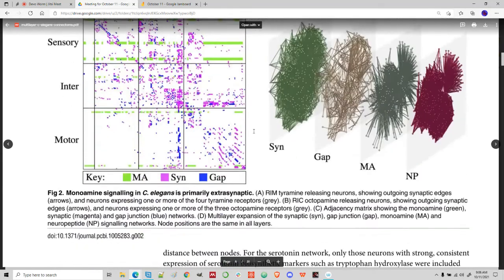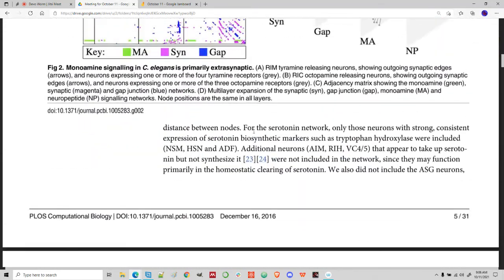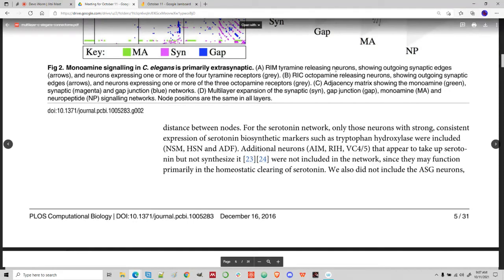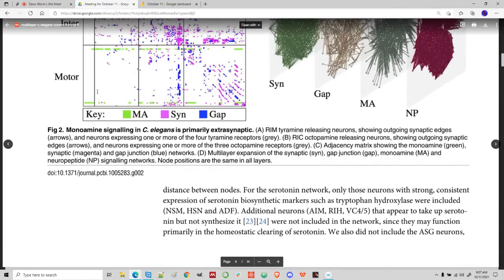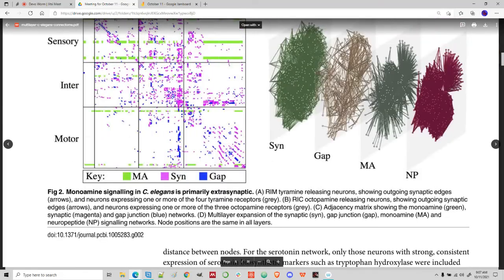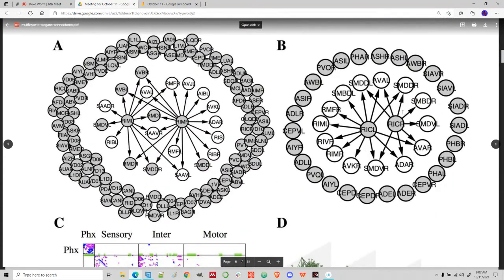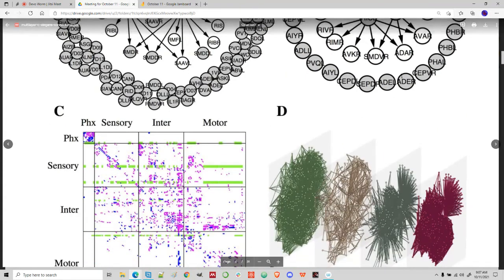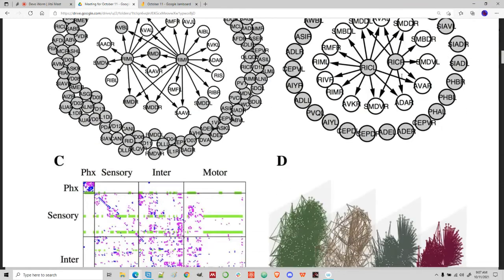And then in B, we have RIC octopamine releasing neurons showing outgoing synaptic edges and neurons expressing one or more of the three octopamine receptors, gray. So again, you have a subset of neurons that are putting out this chemical signal, a subset of neurons that are taking it up, and then the rest of the neurons here around the edge. So this is how they construct this connectome.